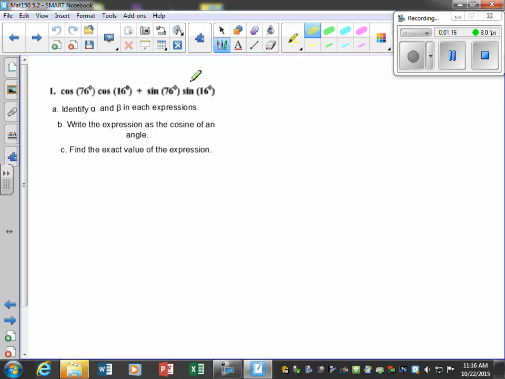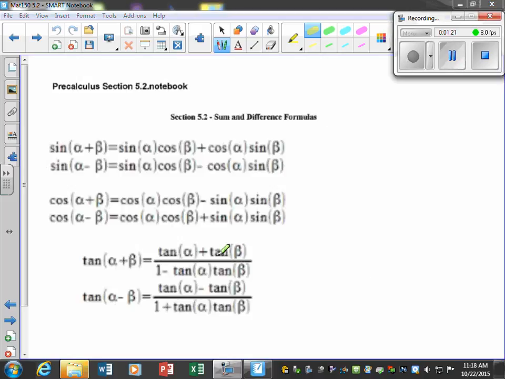What do you think? If I look back over here, cosine times cosine plus sine times sine, I can see that I'm working with this particular identity here: cosine of alpha minus beta.